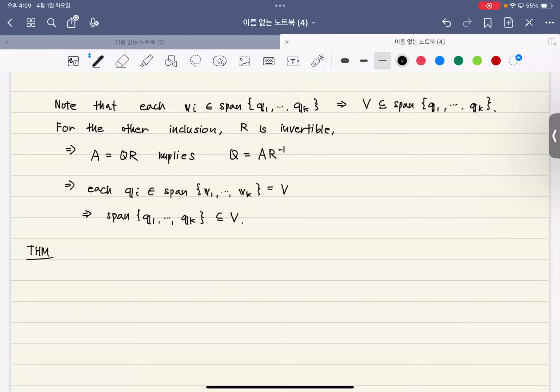I always feel like I need to summarize this whole thing by using one single theorem, which is about QR factorization.